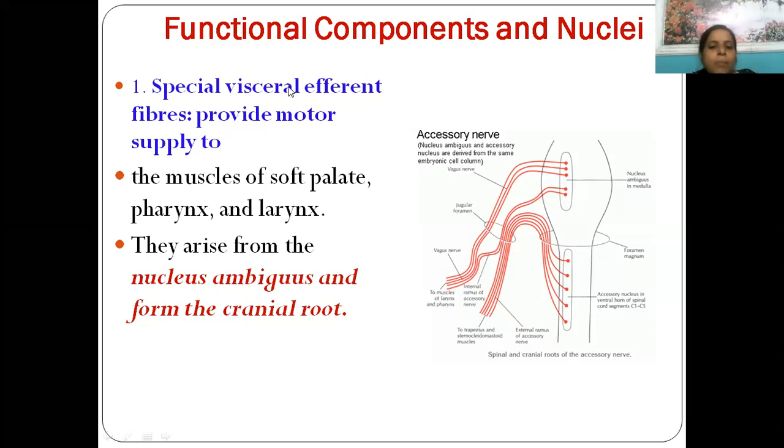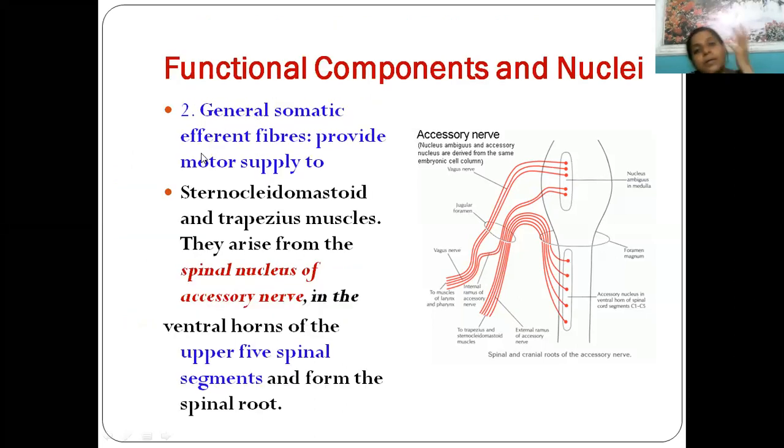For functional components, what you will write, because if it comes as an essay you have to write, I cannot simplify this. So we have components like special visceral efferent fibers, which are coming from the nucleus ambiguus, from the cranial root. The other functional component is somatic efferent.